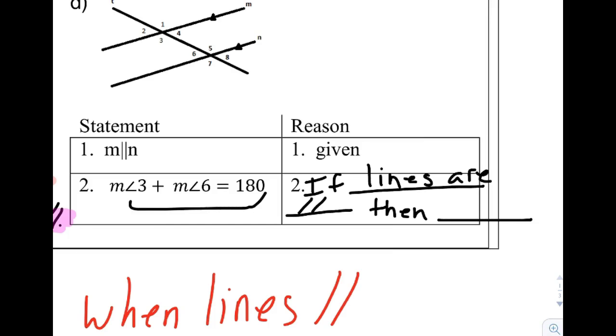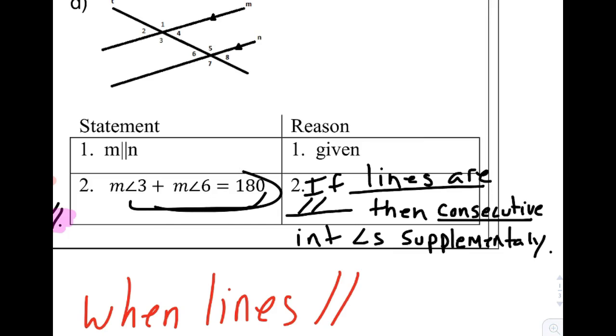These are supplementary. They add to 180. So we say consecutive interior angles supplementary. Can't say congruent, okay? It does not say congruent over here. Make sure that you match up the statement with what you are writing.